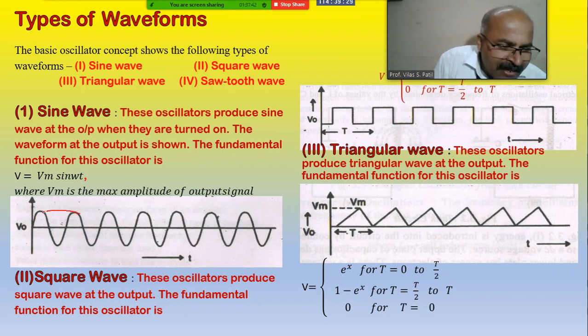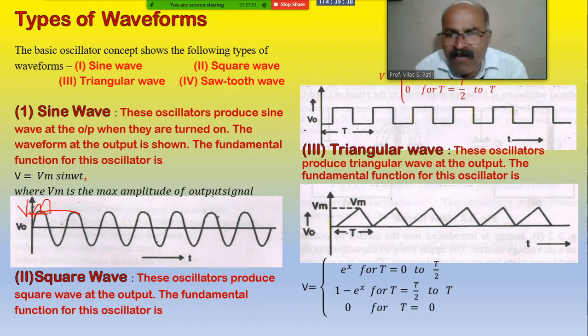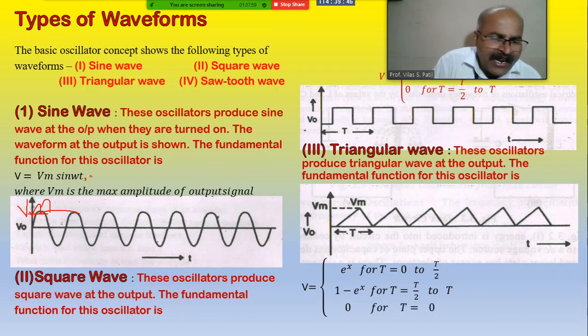See here, the maximum amplitude is constant. And maximum amplitude ला मी काय म्हटलं मित्रांनो? अरे मित्रांनो, मी Vm म्हटलं. Vm is the maximum amplitude of the voltage. Then what is the output voltage? Output voltage v is equal to Vm sin omega t is the mathematical representation.